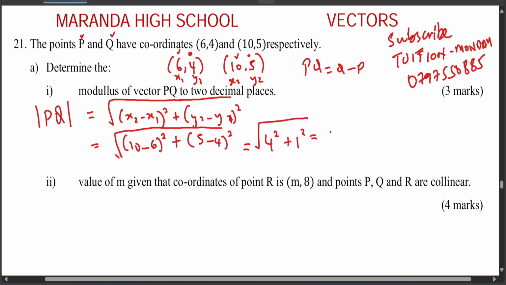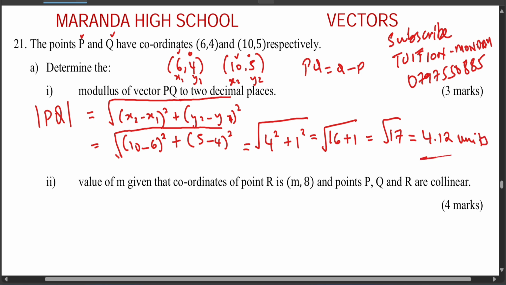This gives you 4 squared, which is 16, plus 1, so the square root of 17. So just take your calculator and search for the root of 17. But remember that your answer should be to 2 decimal places. So your answer is 4.12. Sasa answer yako ni 4.12 units.